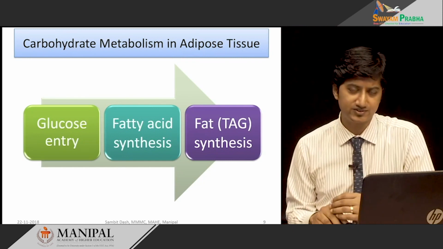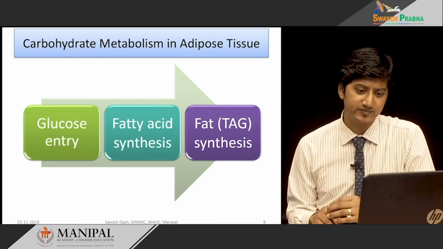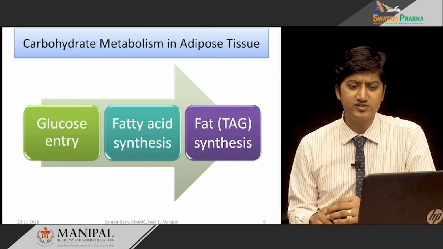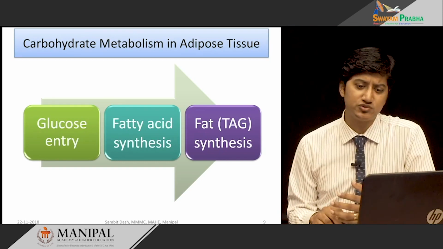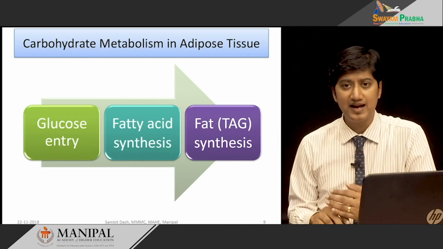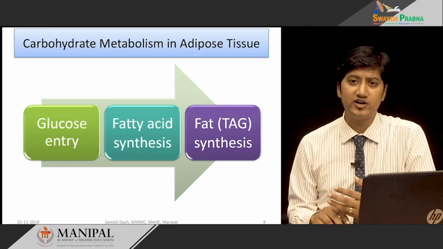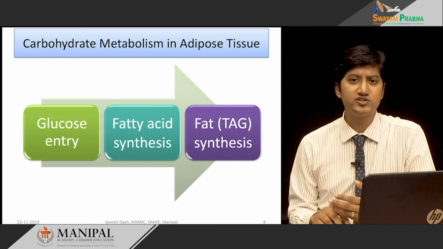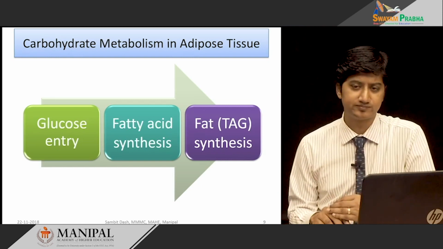So, to summarize, in a well-fed state, largely under the influence of insulin, the adipose tissue takes up more and more glucose, they synthesize fatty acids, and they build triacylglycerol, which gets stored there.